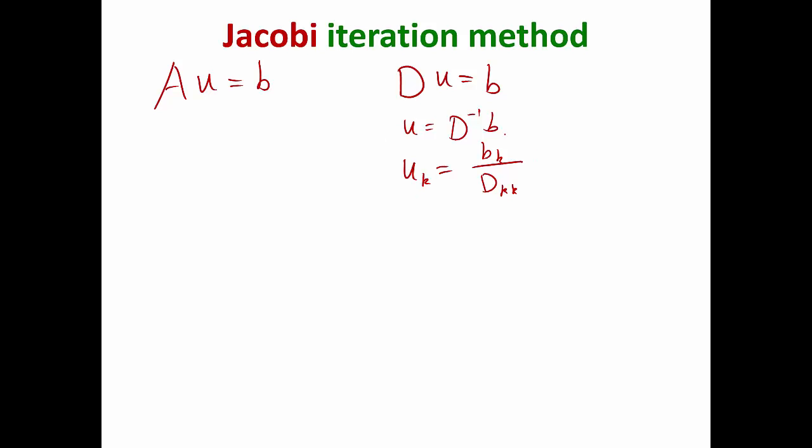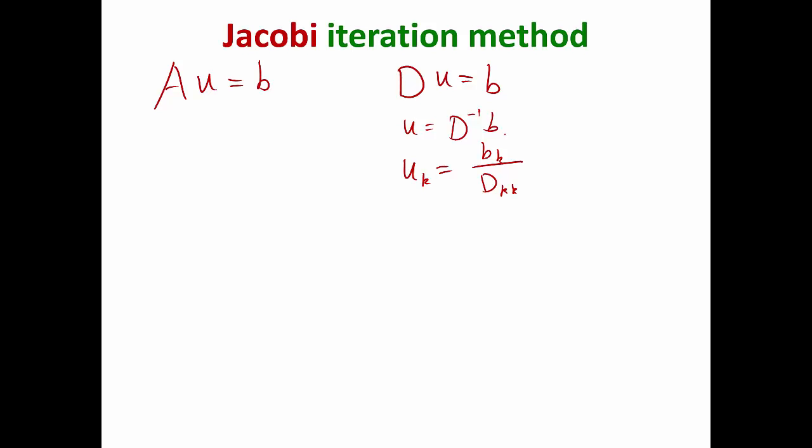This is a case where the computation cost only depends on how many non-zero entries are in the matrix. It doesn't depend on the total number of entries in the matrix, which is n squared. It only depends on n, which is the number of non-zero entries.